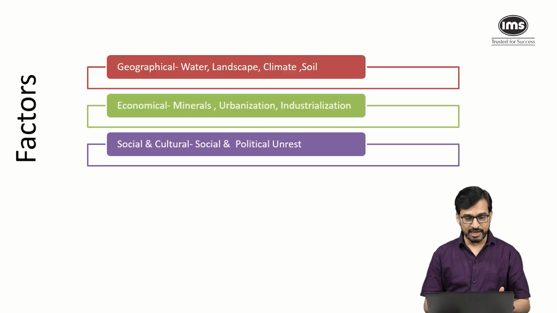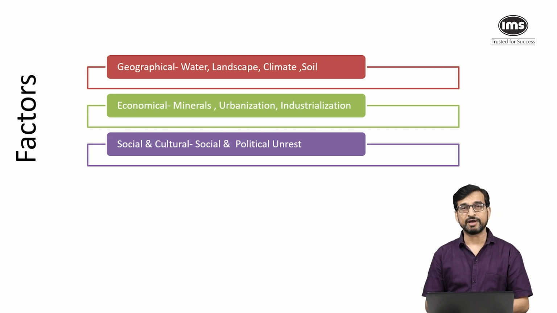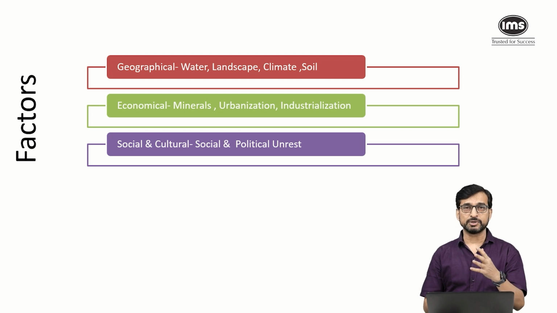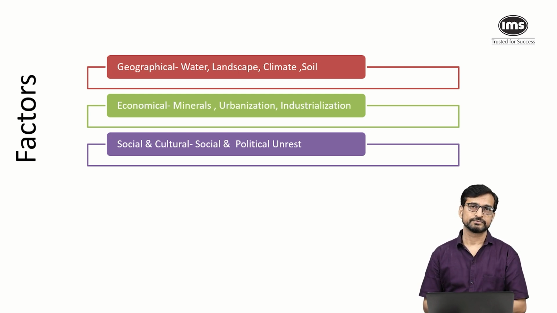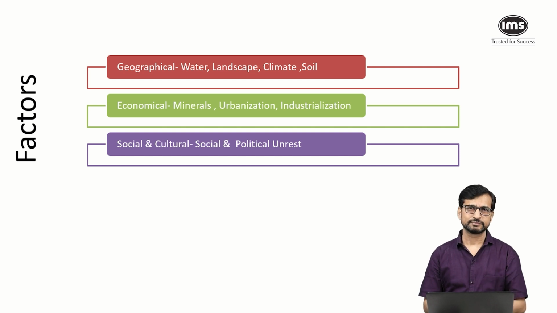Similarly, what are the factors which determine the population distribution? Needless to say, where does humankind prefer to live? Habitually, we are a comfort-seeking species. And where can we get comforts?